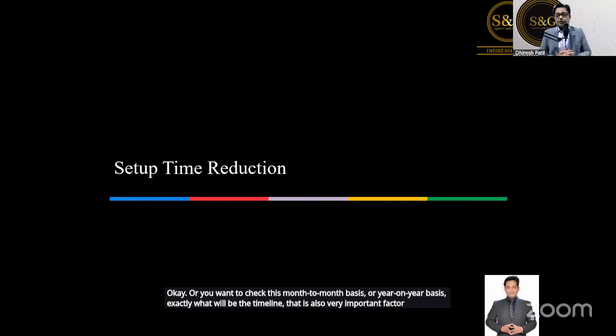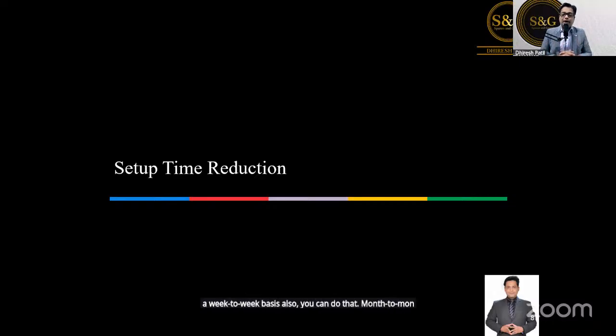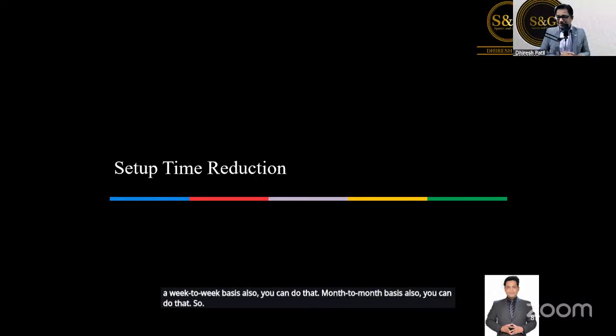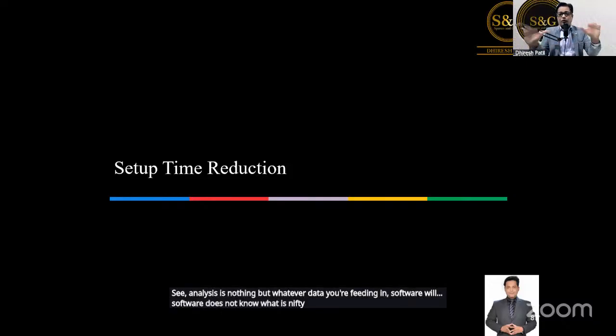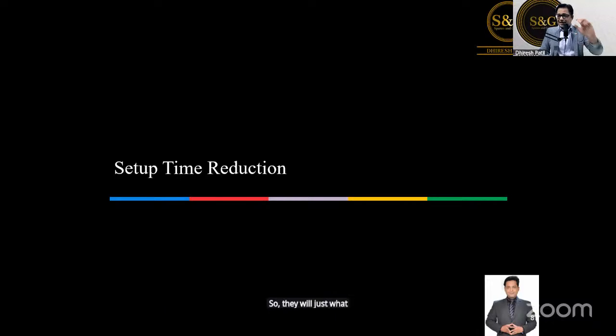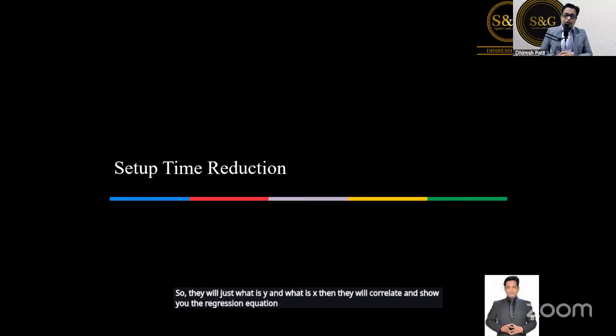Day-to-day basis also you can do that, week-to-week basis also you can do that, month-to-month basis also you can do that. So do these experiments and see what kinds of inferences you are getting from that analysis. See, whatever data you're feeding in, software does not know what is Nifty. Software does not know what is bank Nifty. It will just take what is Y and what is X, then correlate and show you the regression equation, R square value, etc.